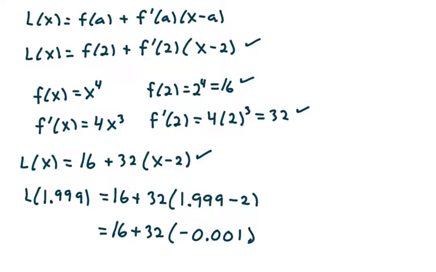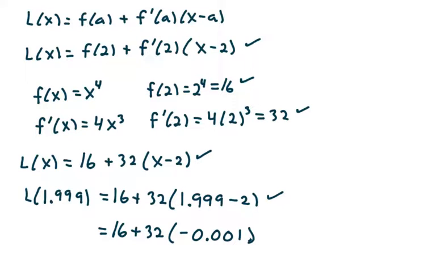And so L of 1.999 is 16 plus 32 times the quantity 1.999 minus 2. But 1.999 minus 2 is negative 0.001. And so this is equal to 16 plus 32 times negative 0.001.